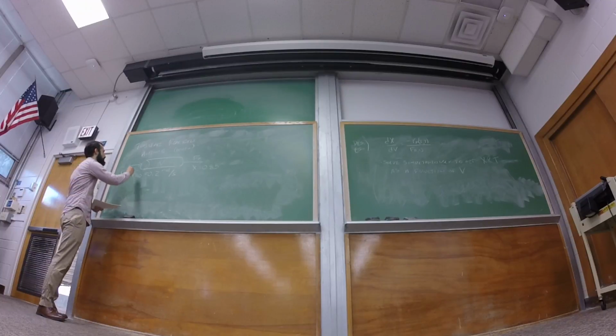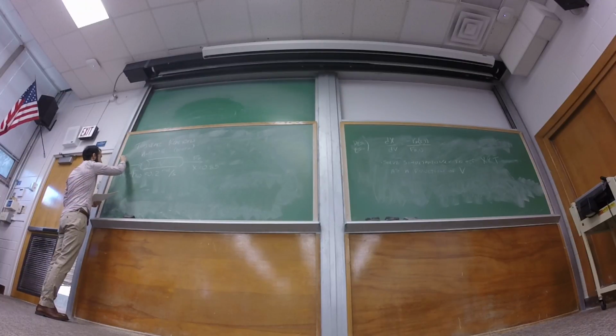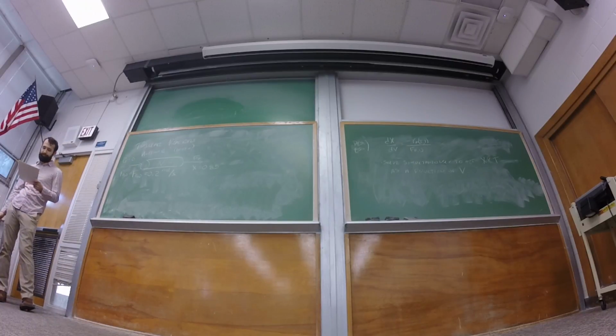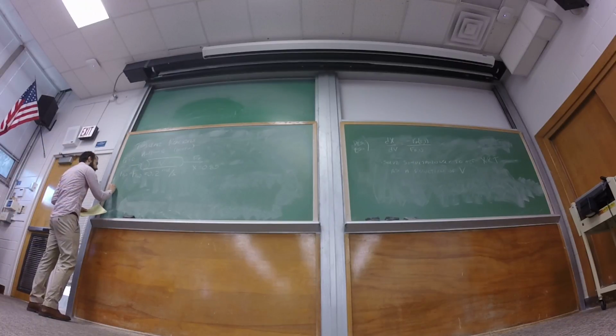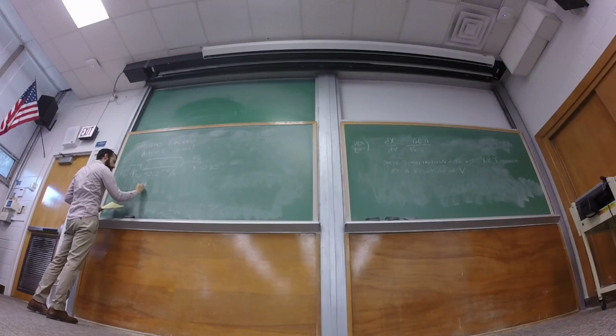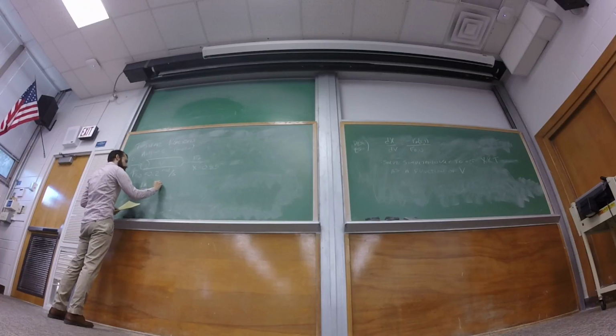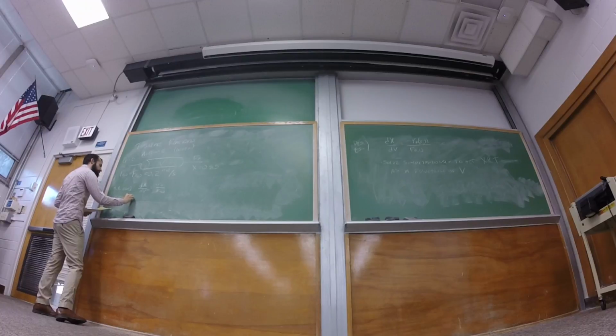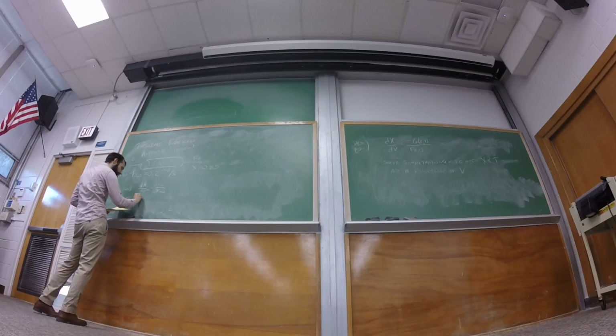And how do you go about it? Okay, so material balance or design equation. Rate equation, let's assume that it's elementary.